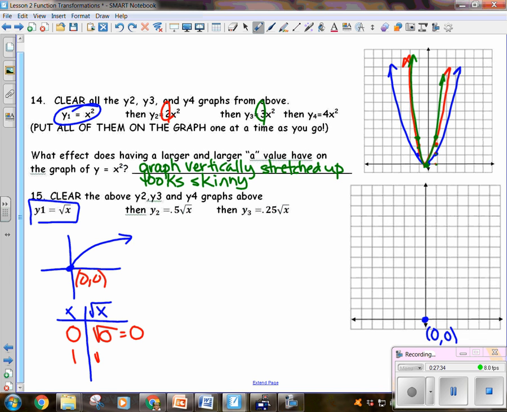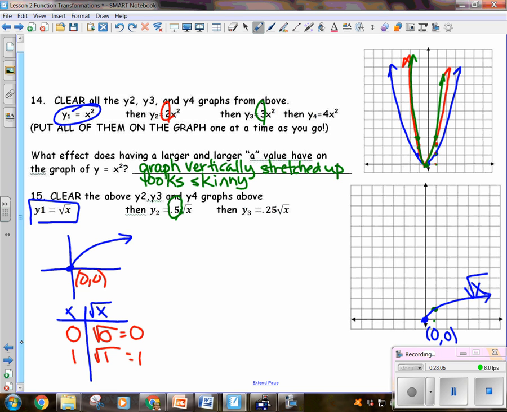The square root of 1, that's a perfect square. 1 times 1 is 1, so it comes out to be 1. What that means is you now have a key point. It's going to come over 1 and up 1 in the very first movement, and that tells you where the shape of square root of x comes from. Now what happens if I put a half in front?